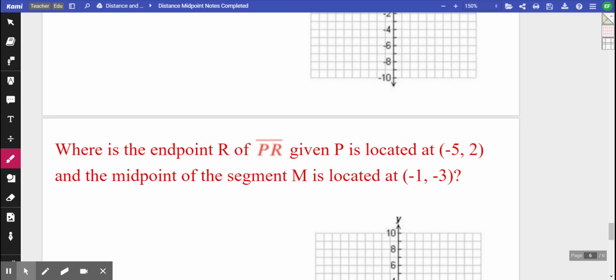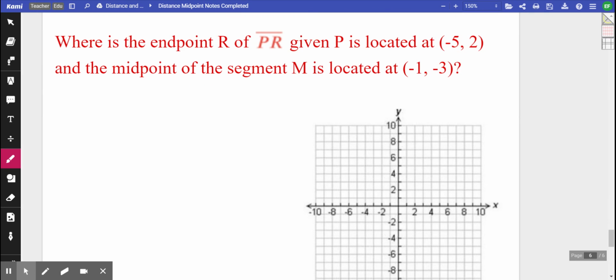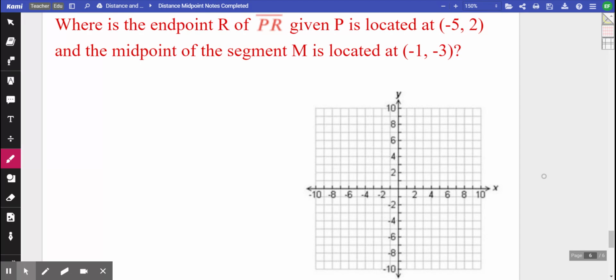Where is the endpoint R of a segment PR, if P is located at -5, 2, and the midpoint is located at -1, -3? So let's do this visually first. We can plot the points, -5, 2. I'll call that P. And then M is going to be our midpoint at -1, -3.